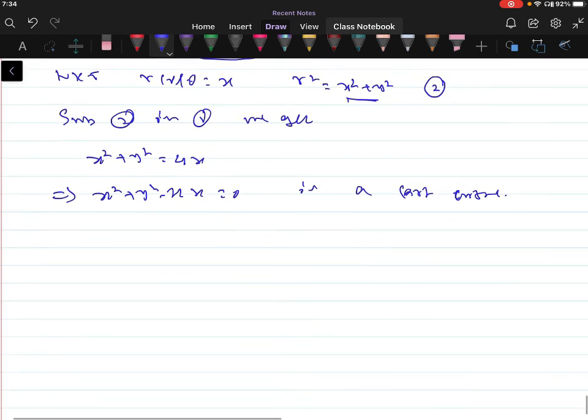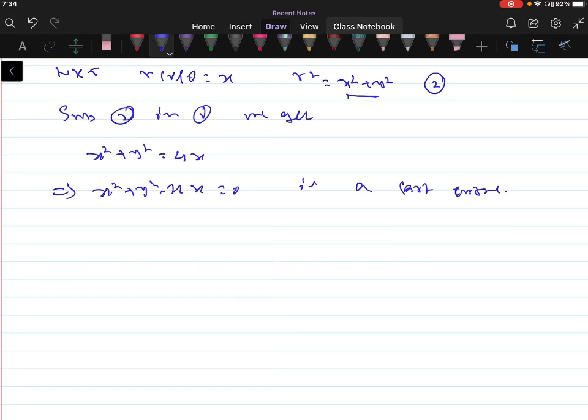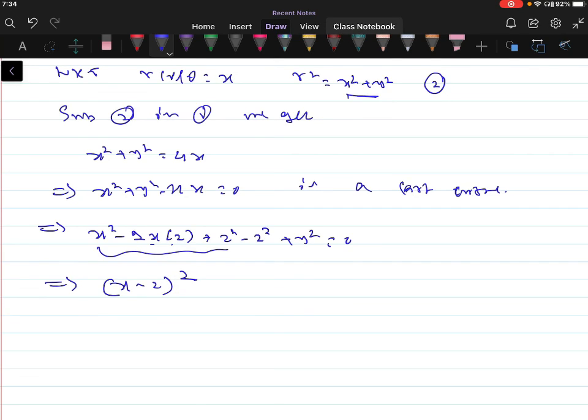But you have to identify the graph. So what does this curve represent? x square minus 4x can be written as a square minus 2ab, with a as x and b as 2, so adding and subtracting 2 square, we get x square minus 2x into 2 plus 2 square minus 4 plus y square is equal to 0.